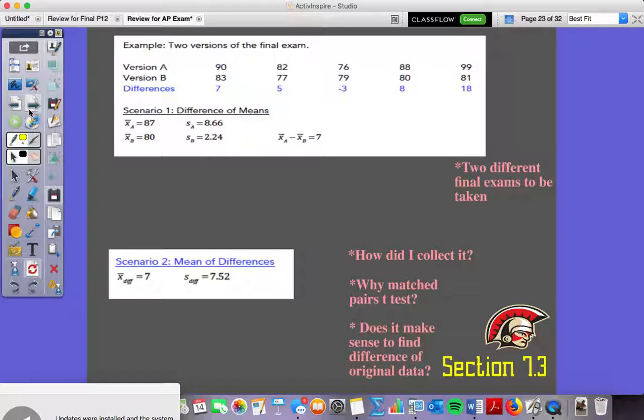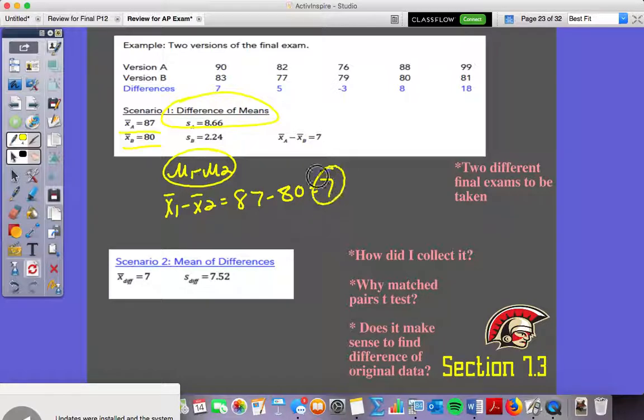Like they were talking about how you identify it as a matched pair. Yeah, so this would be more mu1 minus mu2. Because what are we doing? We're taking the difference of just the means. So 87 minus 80. So x bar 1 minus x bar 2 would be 87 minus 80 to get a difference of 7, right? That would be the difference of means.